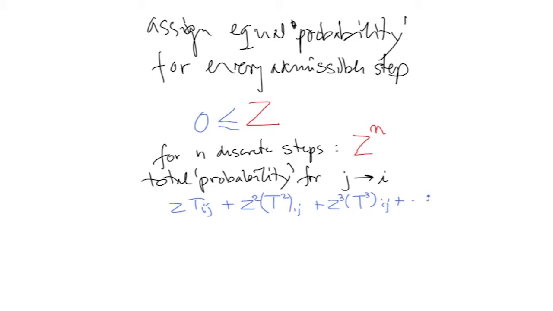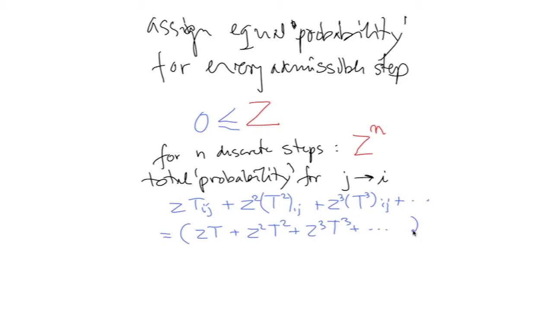Now this is a geometric series. So I can write this as z t, one transition, all walks of length 2 between, all walks of length 3, and so on to infinity.